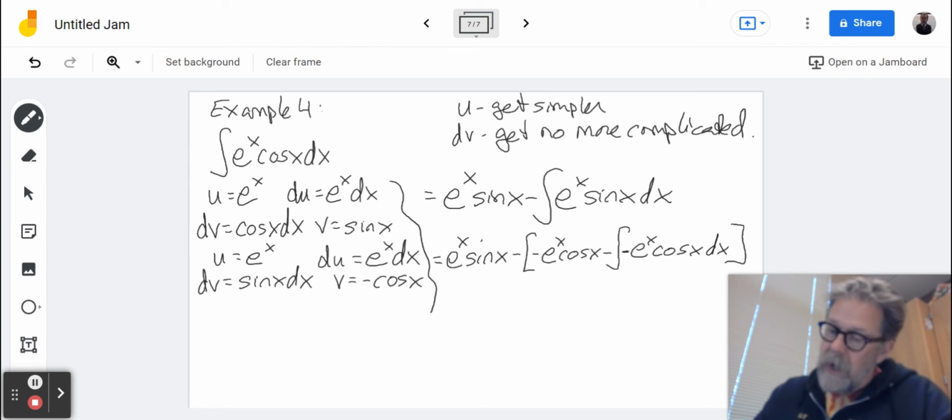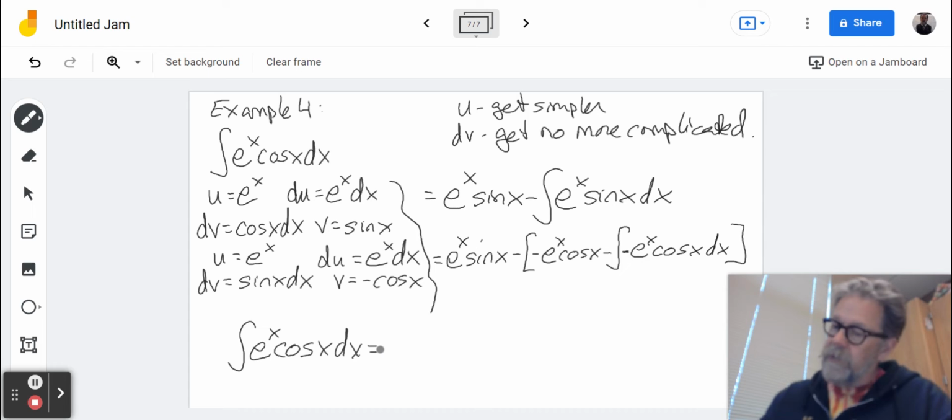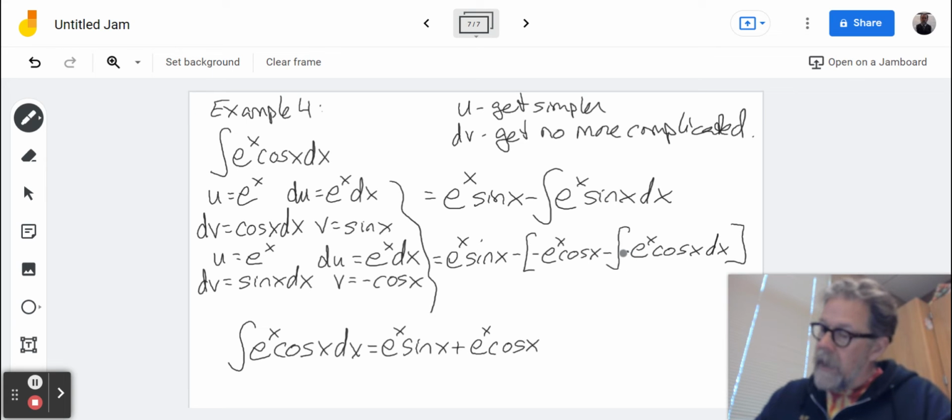Because what I now have is that the integral of e to the x cosine of x dx equals, okay, we had an e to the x sine of x plus an e to the x cosine of x, minus the integral of e to the x cosine x dx.